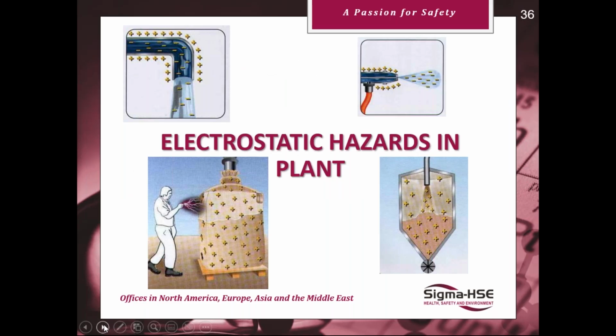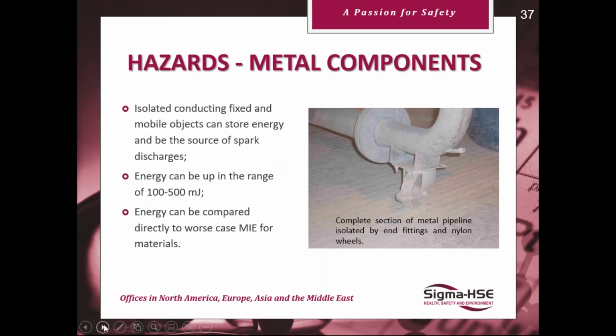So we've looked at some of these things. We've seen FIBCs, we've seen spraying into some sort of dryer, a spray gun, and liquid through a tube. So hazards from metal components: isolated conducting, fixed and mobile objects can store energy and be the source of spark discharges. Always make sure that your earth is continuous.